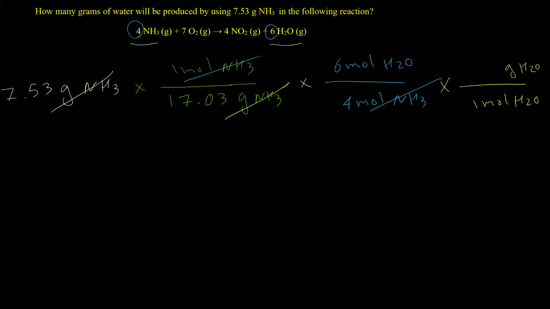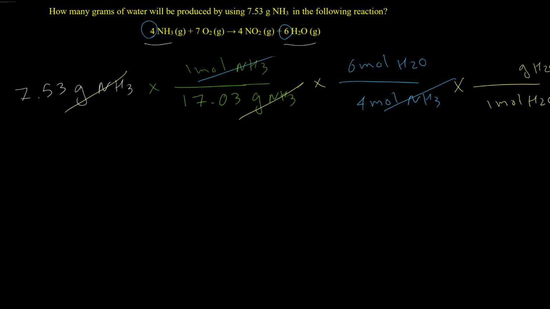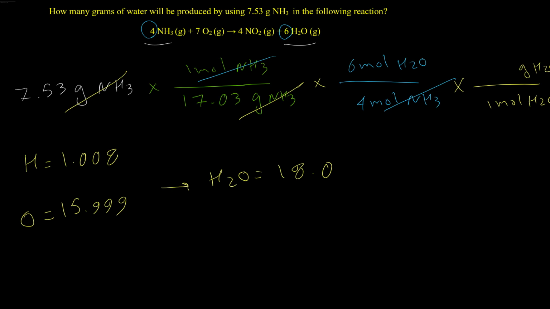And at the end, I can convert mole of water to gram of water. Again, we don't have the molar mass for water in this question. We need to calculate it by ourselves. Hydrogen is equal to, again, this number, and oxygen is equal to 15.999. So H2O molar mass is equal to 18.01 gram per mole.